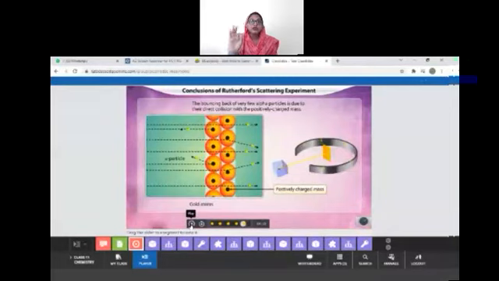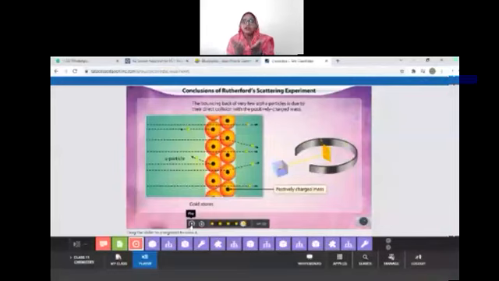If they are deflecting back by 180 degrees, that occurs because there is a direct collision between this alpha particle and that massively positively charged species. Okay, a direct reflection back happens only if it is coming in direct hitting contact with something which is very massive. Understood? So what are the three conclusions?